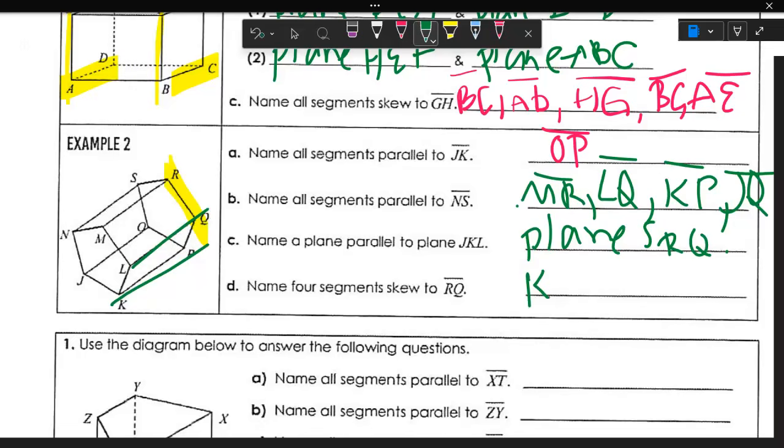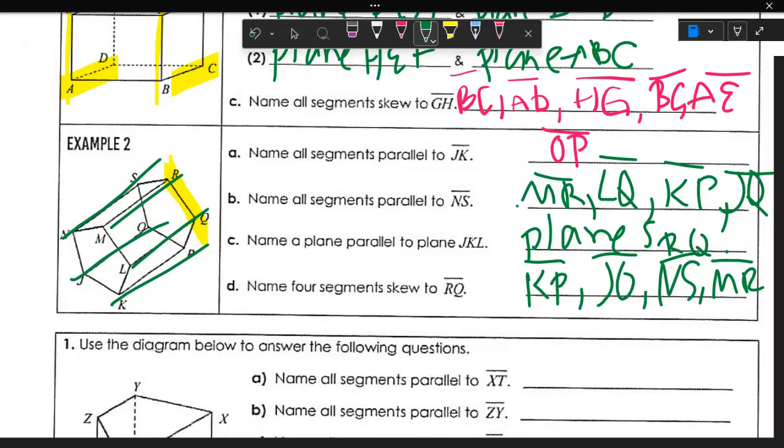So we got KP, JO. Oh, there I am thinking that O is a Q again. JO, this one. NS and MR. NS, MR, and these should all have lines on top. And then the last one is LQ. Oh, it says four, so I guess I don't have to name the last one. Whoops. Okay, four. Now if you named LQ, totally fine.